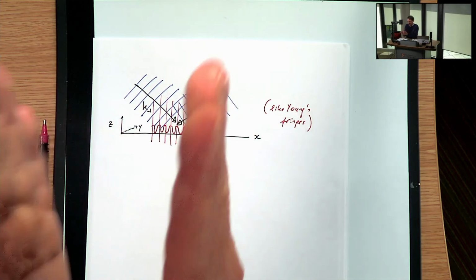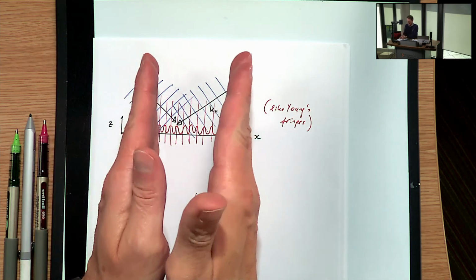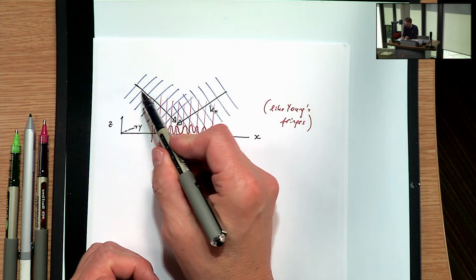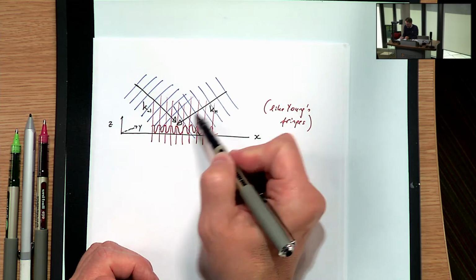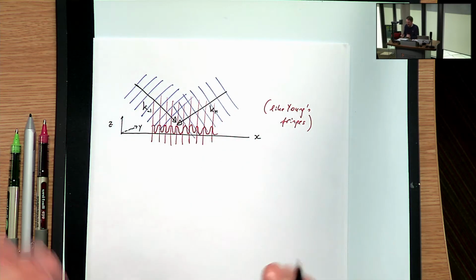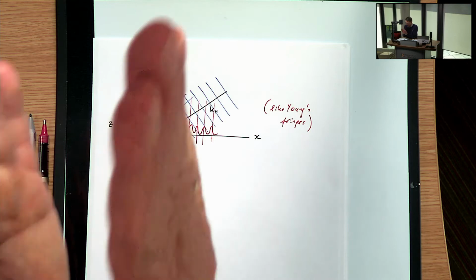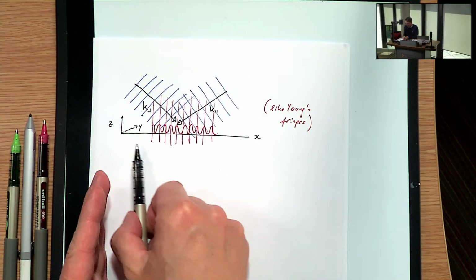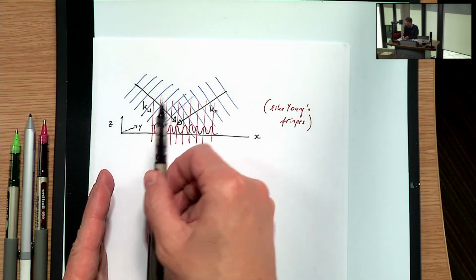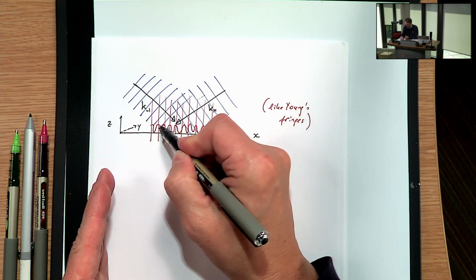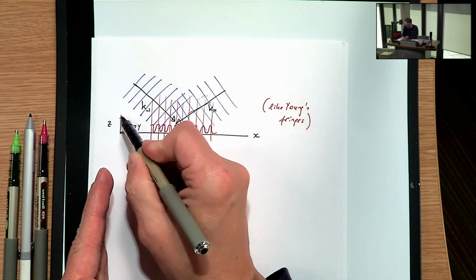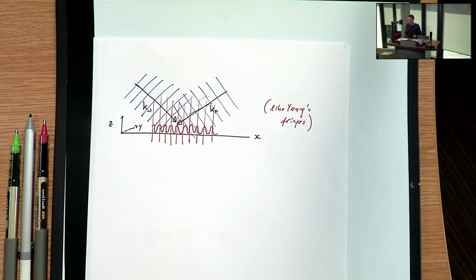These planes go into the paper like that. If the plane in which these vectors lie is the ZX plane, then you have modulation only along X, but the phase is constant along Y. You take any line along Y, it's constant, and any line along Z is also constant.